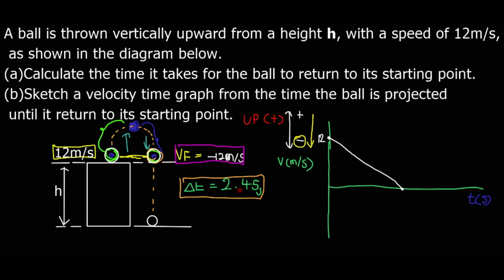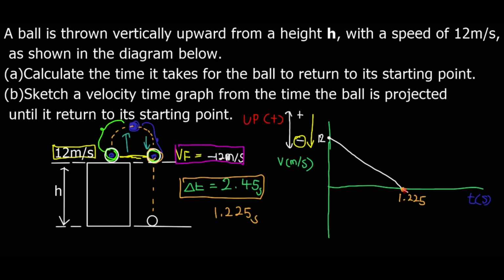So to know how long it takes to reach the top, we say 2.45 divided by 2, and that gives us 1.225. So here we write 1.225. Remember, this point is always the time it takes to reach the maximum height from the point of projection.